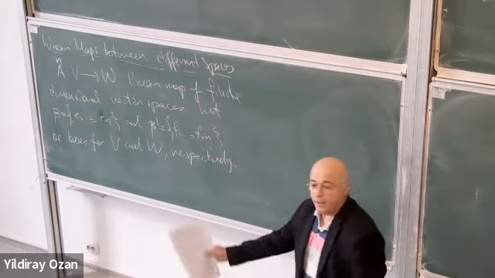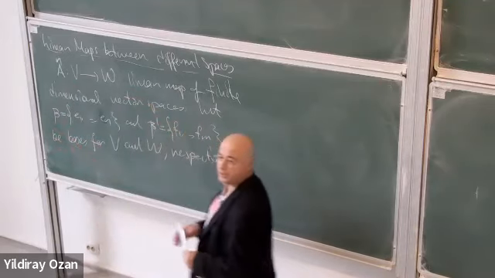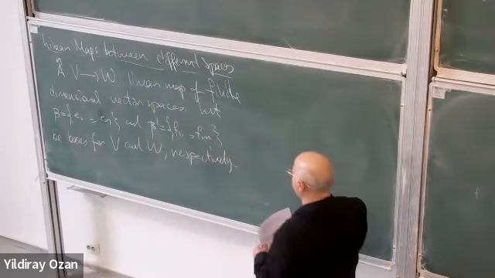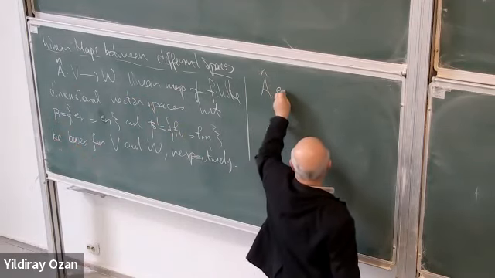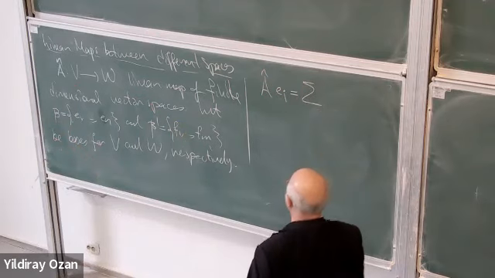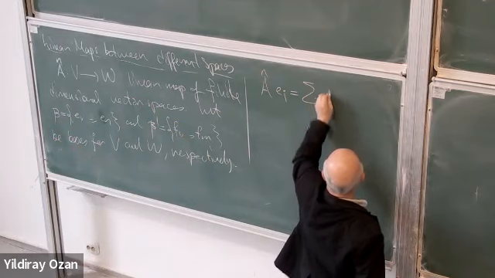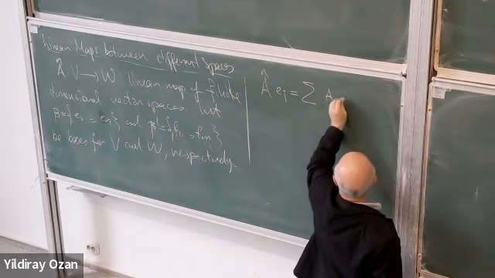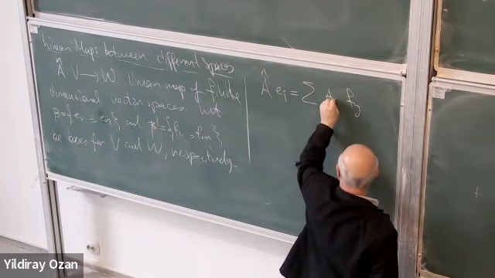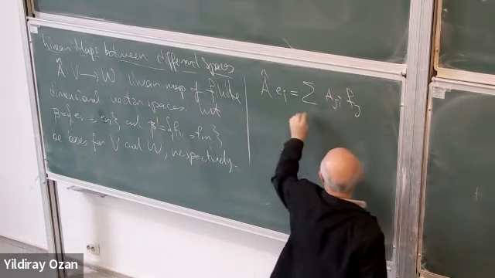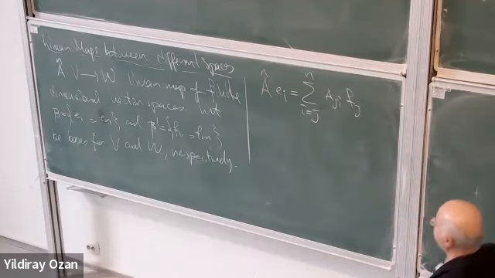Okay. Then how do we form the matrix representation of this linear map? We write A applied to any basis element vi as a sum over j, of a_ji times f_j, where j goes from 1 to m.